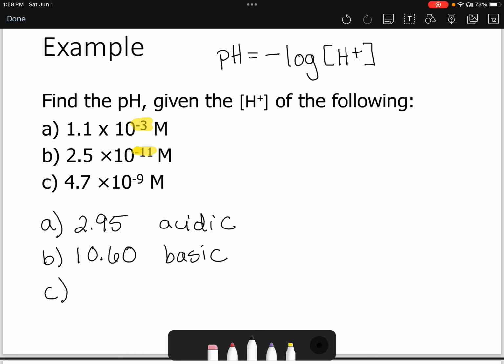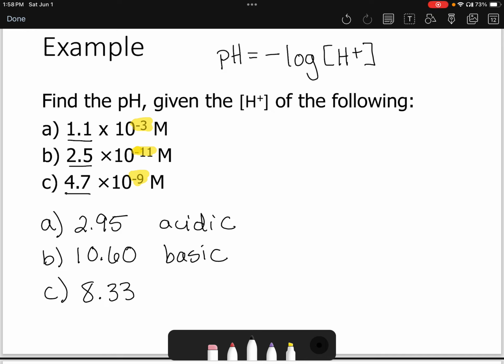Okay. And then last but not least, negative log of 4.7 times 10 to the negative 9th. And hopefully the value should be somewhat close to 9. And my calculator says that the pH is 8.33. So that's kind of close. Now notice that as we get further away from 1, the value of the pH gets further away from the exponent.